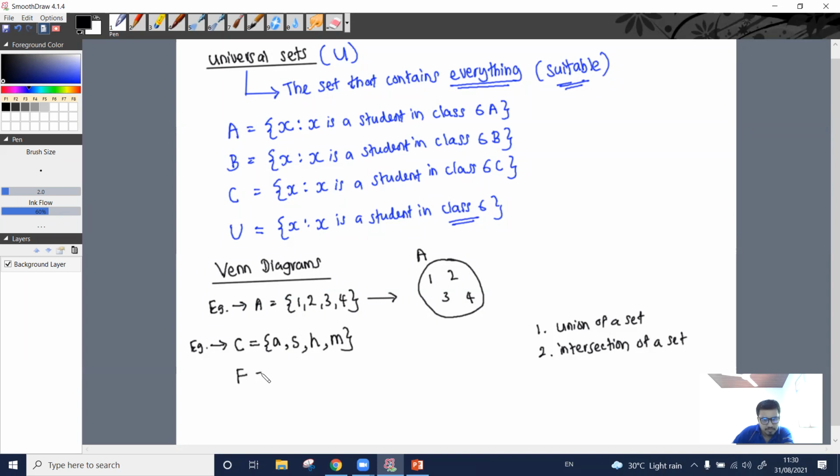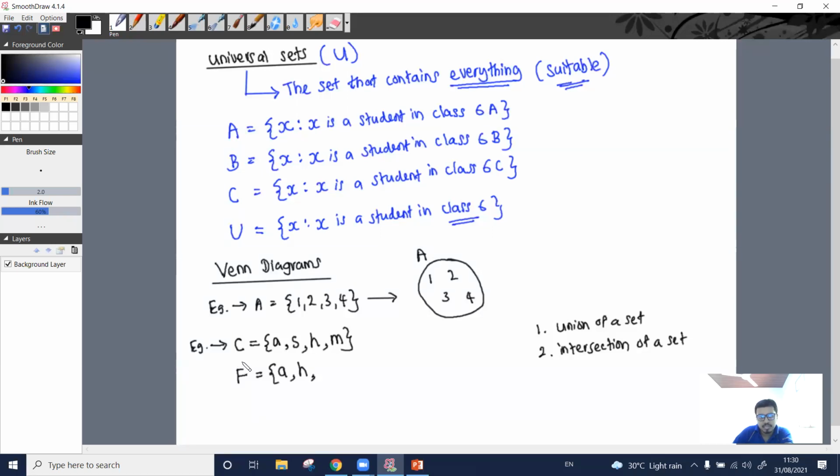Football. Those who like football. Anjana may again like football. Anjana likes football too. And Hamdi also likes football. Hamdi likes football as well as cricket.